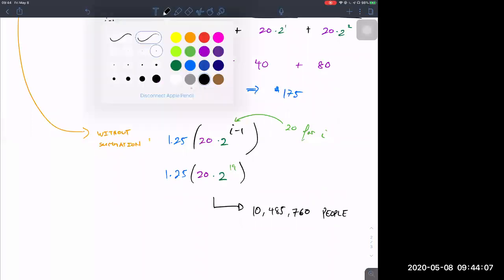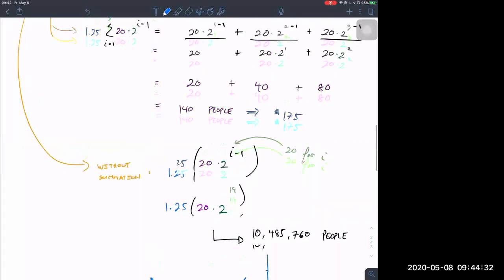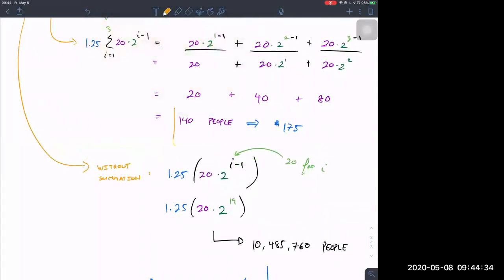And from that, again, you multiply by $1.25. I need parentheses here. Parentheses times 1.25. Then you get $13,107,200. So these are the answers for number 1 right there.